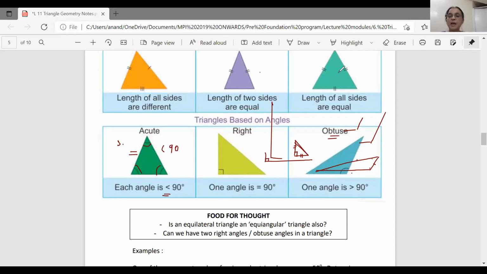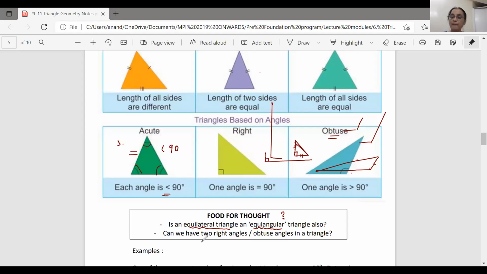So at least draw 10, 10, 10, 10, 10, 10, 60 triangles, and make a table of measures of lengths of sides and measures of angles. Note your observations. And then think if the equilateral triangle is an equiangular triangle also. Will it happen every time? If yes, why? If no, why?